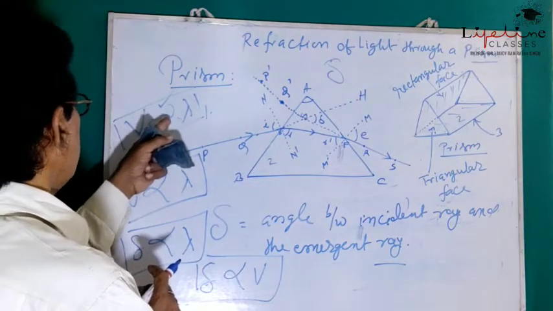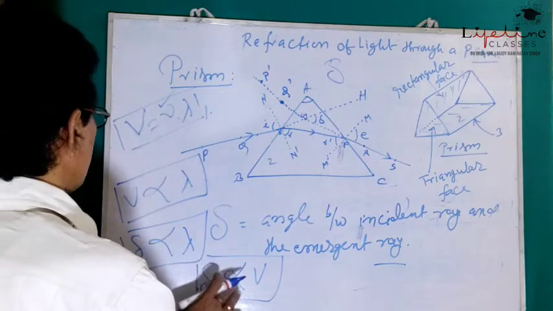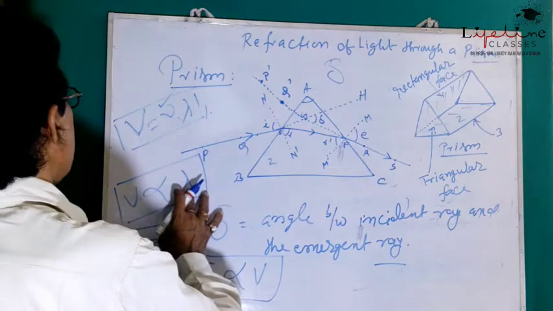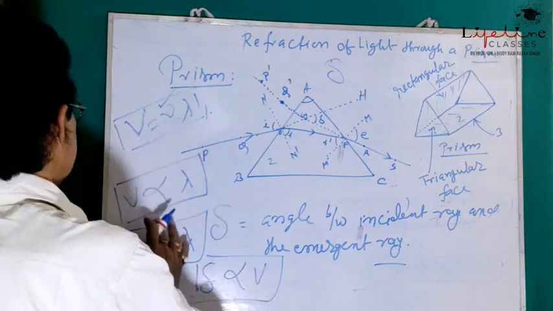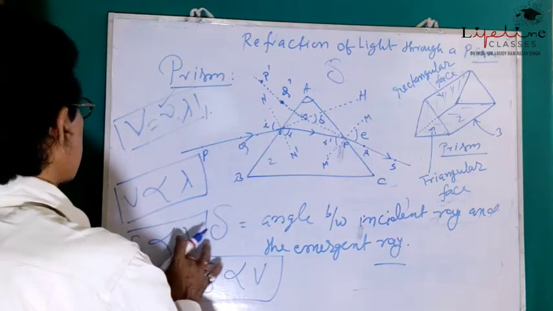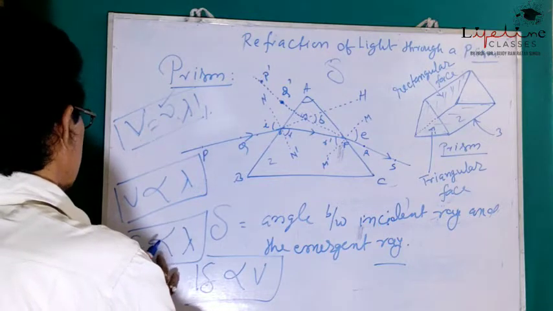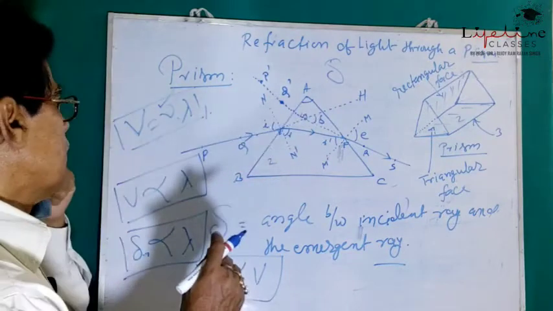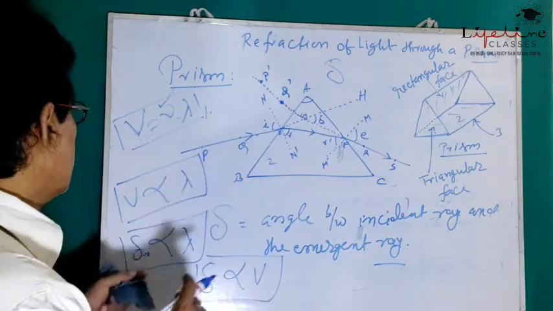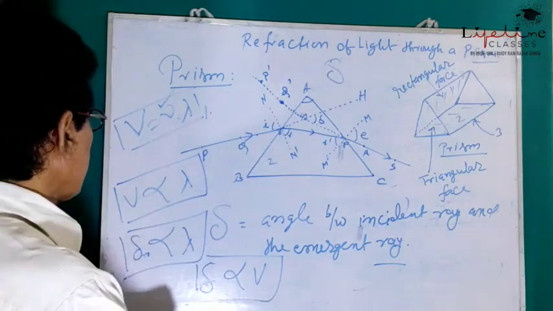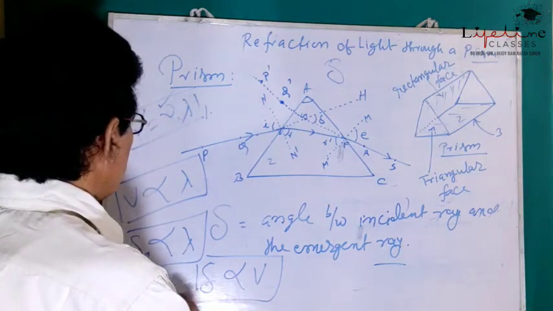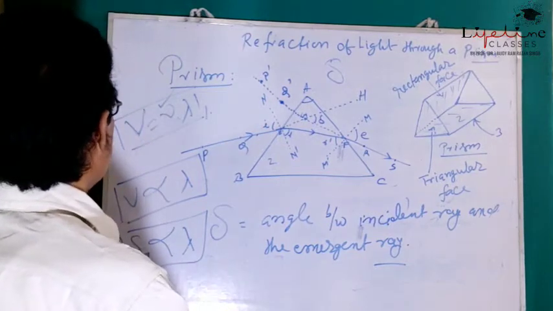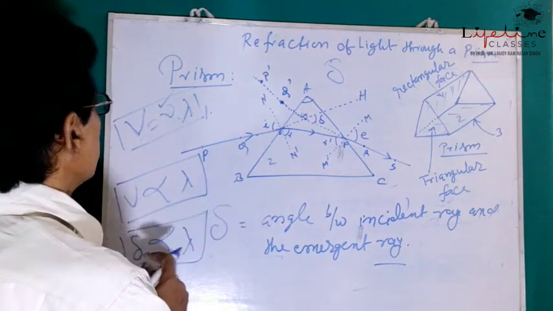Means if nu is constant, V varies as lambda, and lambda is directly proportional to delta. What is delta? The angle of deviation.